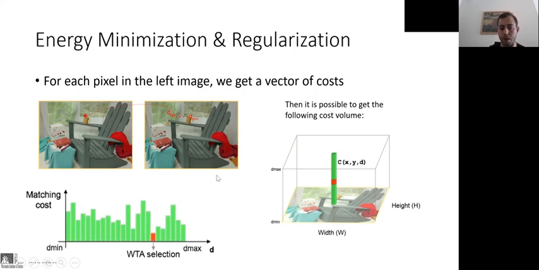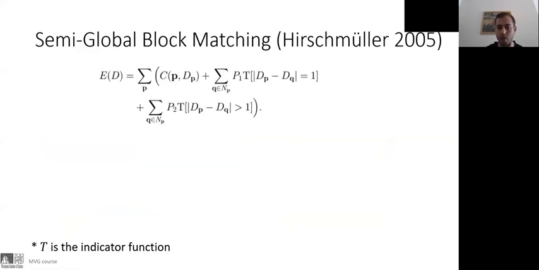Then we can use this volume to do winner takes it all selection, which will just give us the naive approach. In 2005, Hirschmuller suggested the semi-global block matching, which was a huge success.